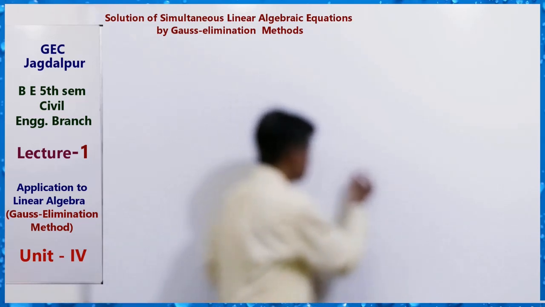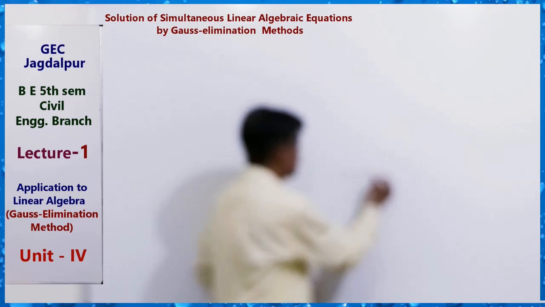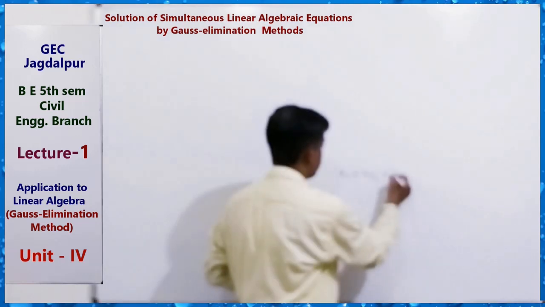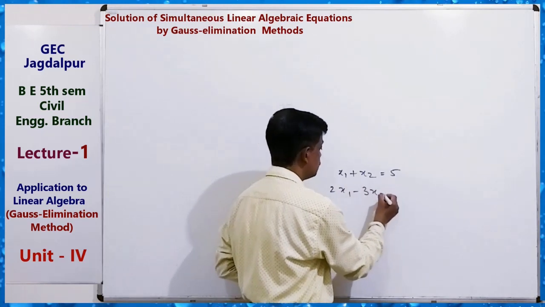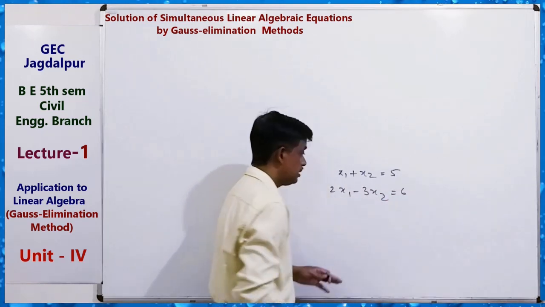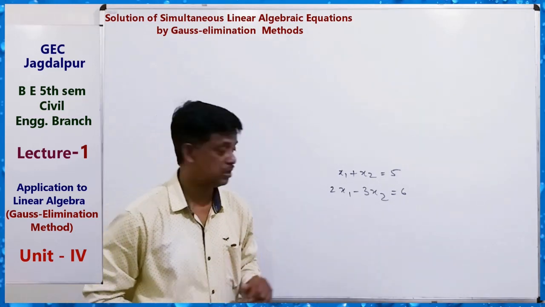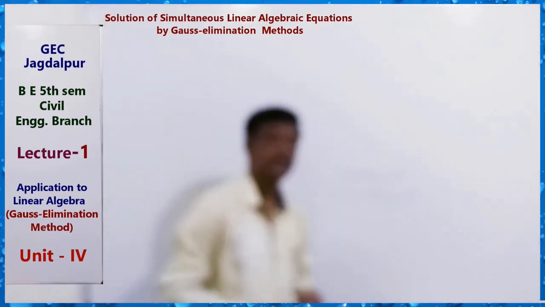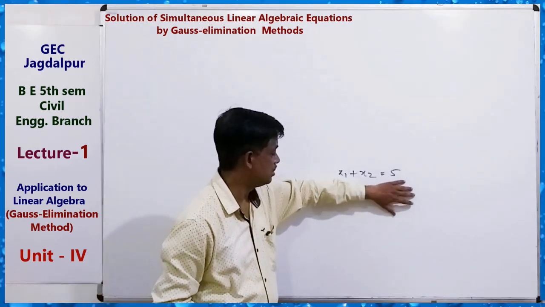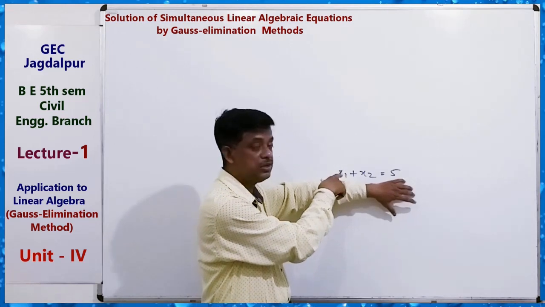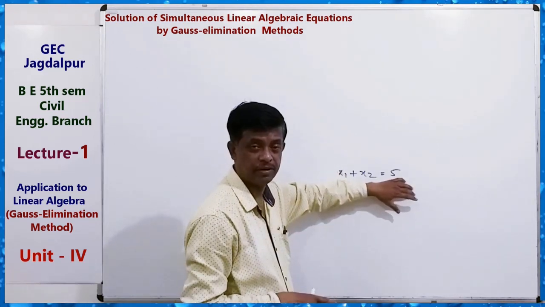Just like this, suppose x1 plus 2x2 equals 5, and 2x1 minus 3x2 equals 6. There are two linear equations in two unknowns. Unknowns means variables. If we take a single equation, we cannot find a unique solution, because it has infinite solutions.